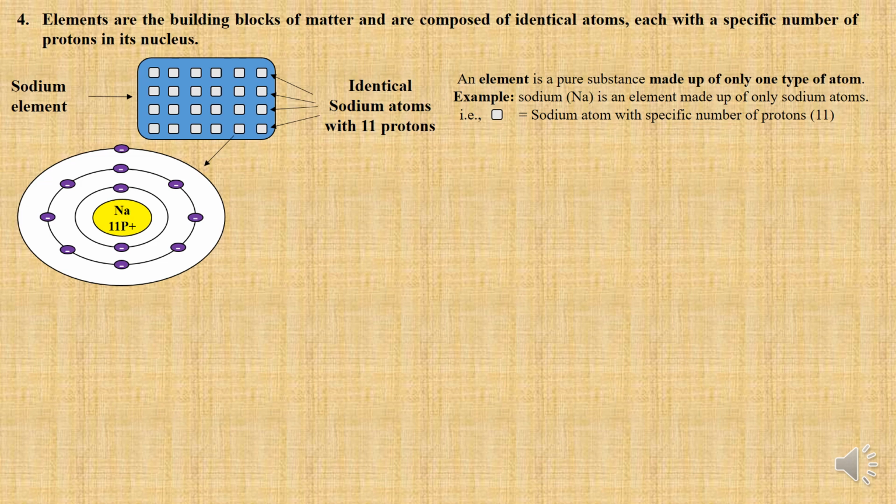An element is a pure substance made up of only one type of atom. Here in case of sodium element, it is made up of only sodium atoms, and each sodium atom has a specific number of protons, that is 11.